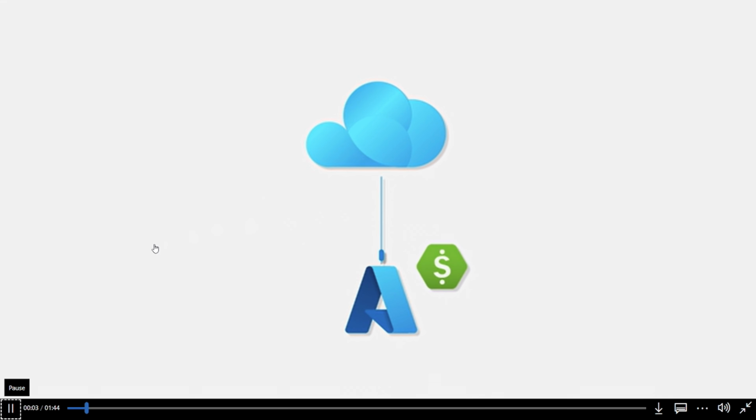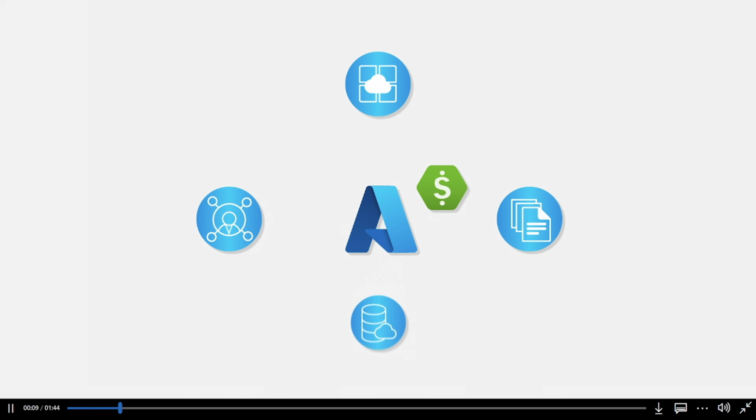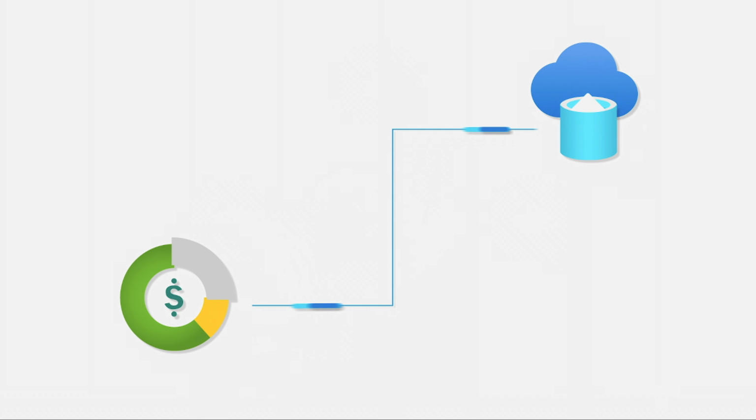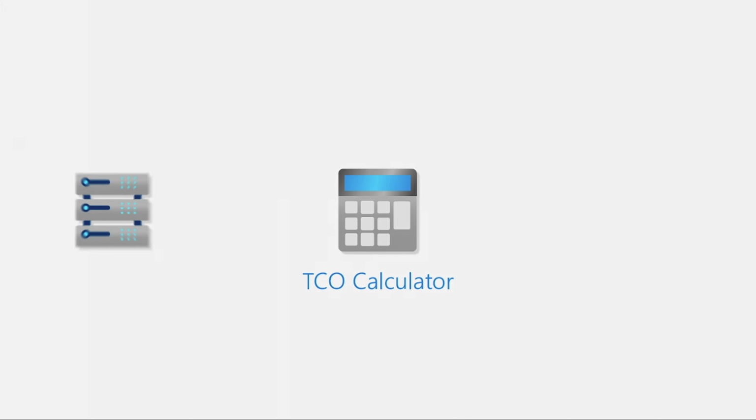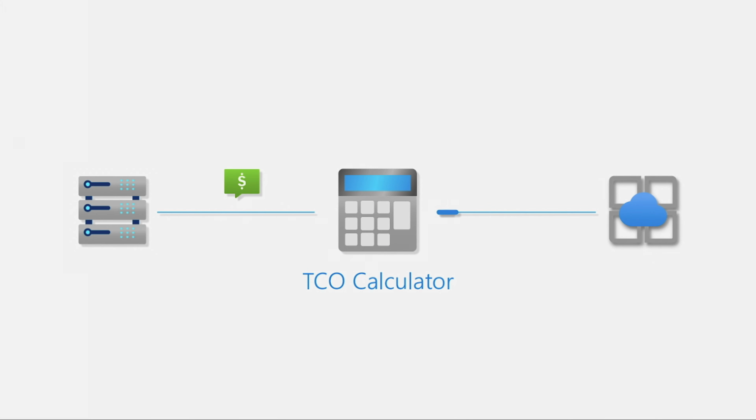How much does Azure cost? The answer to this common question depends on many factors, such as services used, workloads, networking needs, and storage requirements. Azure provides several tools to help you understand your costs and savings when moving to the cloud. First, the Total Cost of Ownership, or TCO, calculator helps you understand the cost savings of operating your solution on Azure compared to your on-premises data center.